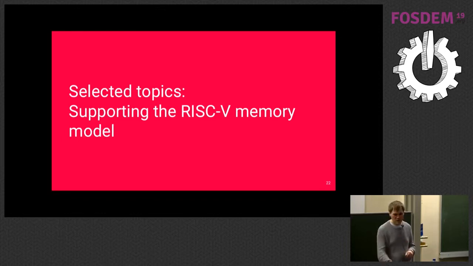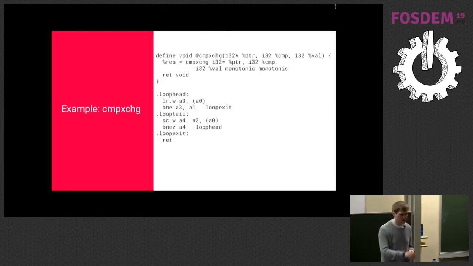And all I really need to do is understand each of those. So this is a compare and exchange, which would have been lowered from the C++11 atomic compare and exchange, and then I simply have to convert that to whatever the memory model people tell me is correct, and then in theory you're done.